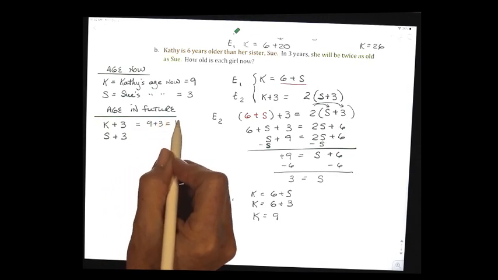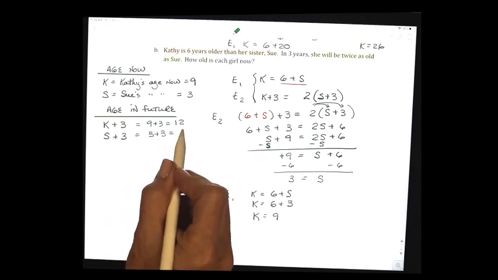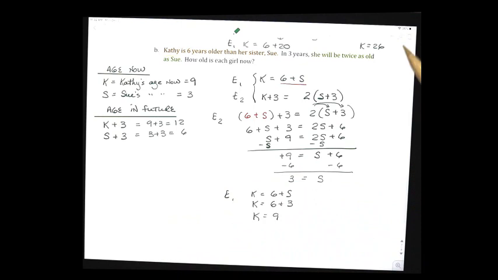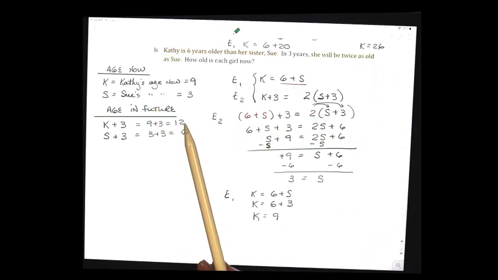She will be 12. And her sister Sue will be 6. And that checks out with the fact that in 3 years, Kathy will be twice as old as Sue. And we see a 12 here and a 6 there. So I think that's a good place to stop on working the problems about age.